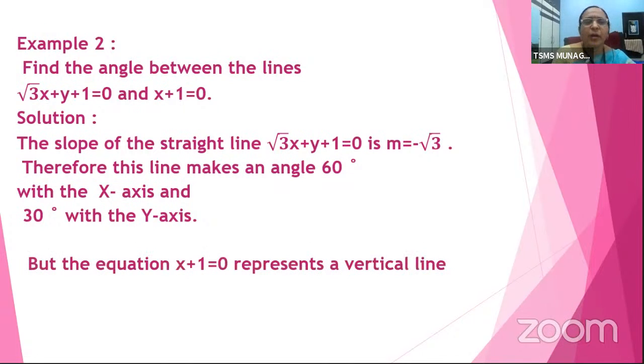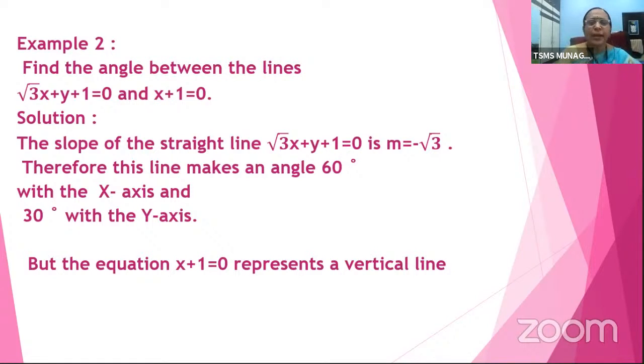Is it not? Now, how is the other line? The other line is simply a vertical line because it is in the form of x plus 1. Hope you remember in lesson 1, we dealt with equations of lines which are parallel to the x-axis and y-axis. Whenever there is a line of the form x is equal to plus or minus k, I hope you remember that it is a line parallel to the y-axis.